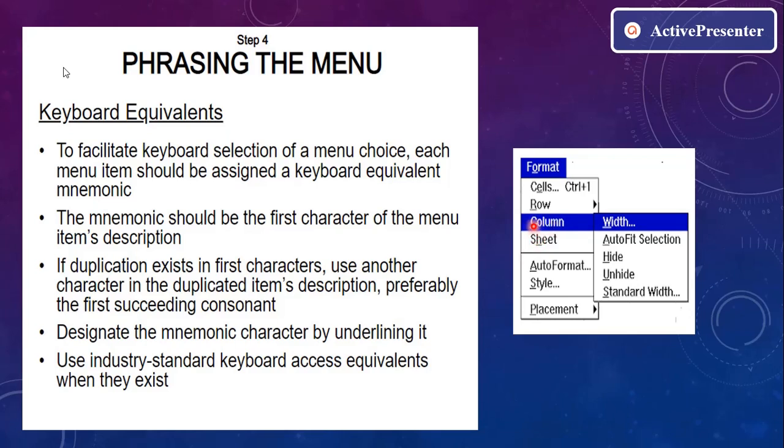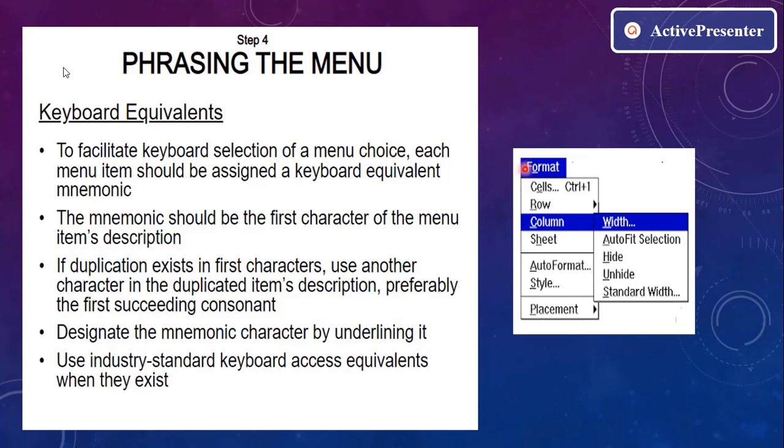Sometimes there may be duplications of first letters, and then you preferably use the first succeeding consonant. For example, in the case of format, F may be used for some other purpose.